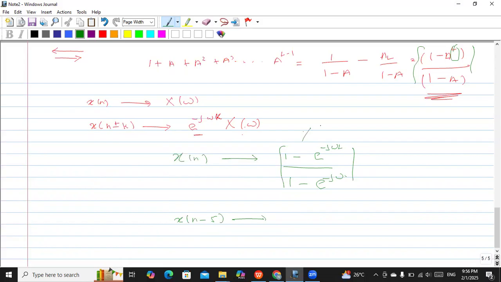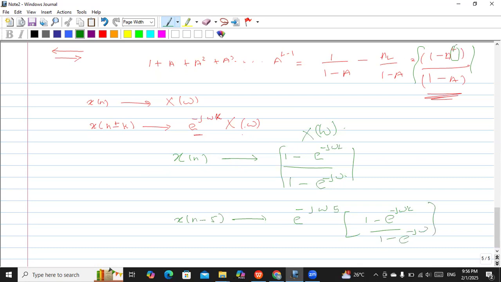You can simply multiply this value. This is X(omega), multiplied by this e to the power minus j omega k. Now k is 5. This term, 1 minus e to the j omega L, 1 minus e to the minus j omega, like this.